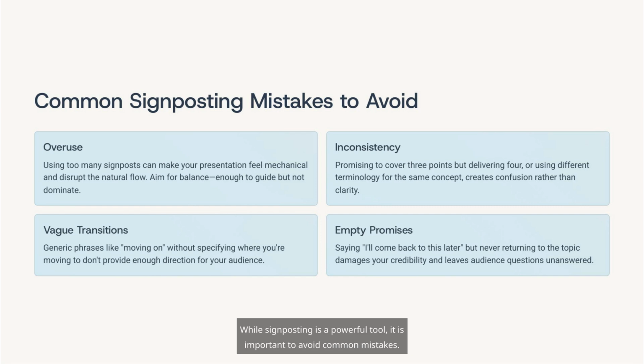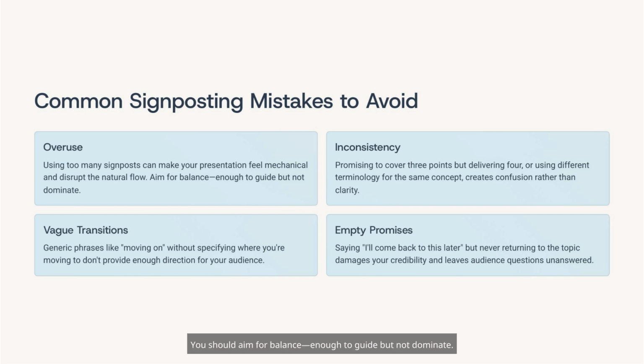While signposting is a powerful tool, it is important to avoid common mistakes. Overuse: using too many signposts can make your presentation feel mechanical and disrupt the natural flow. You should aim for balance, enough to guide but not dominate.